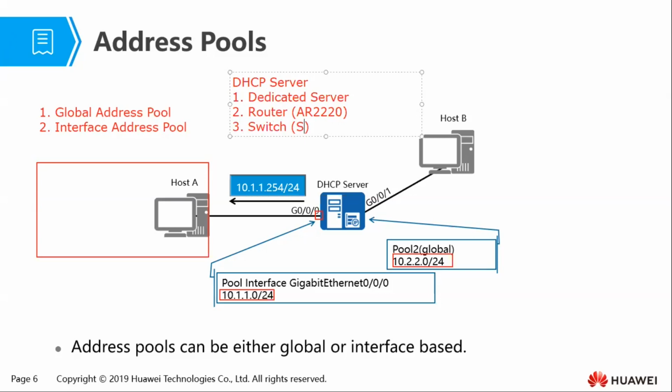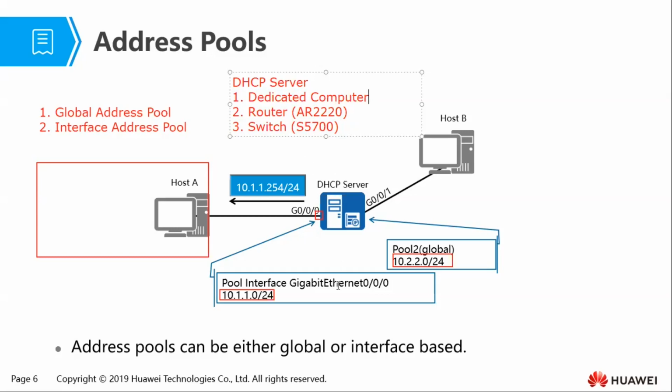So for example, the S5700 Huawei switches can also act as DHCP servers. So it can be a dedicated server or a dedicated computer. Let me call it a computer. It can be a server or a computer. So that's the other thing that is important to understand here.